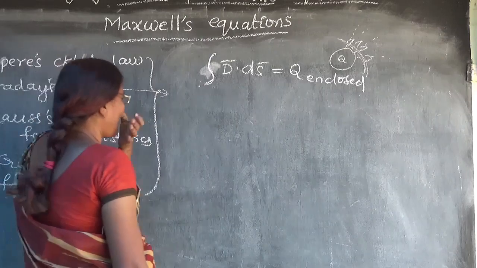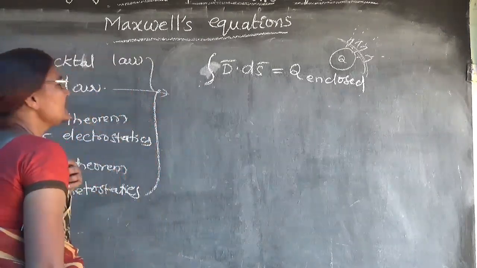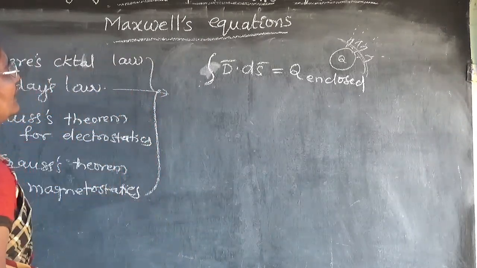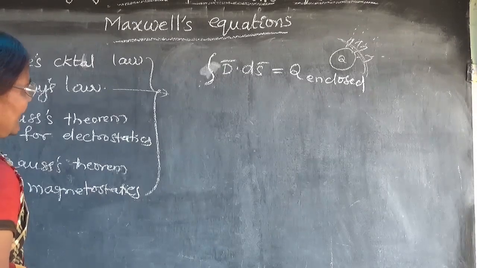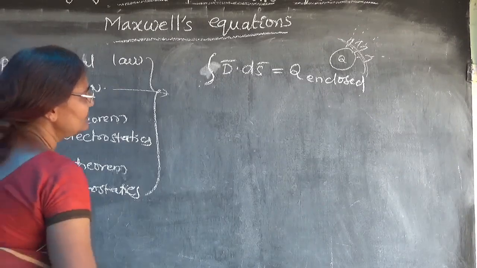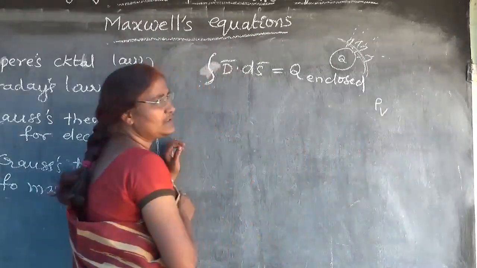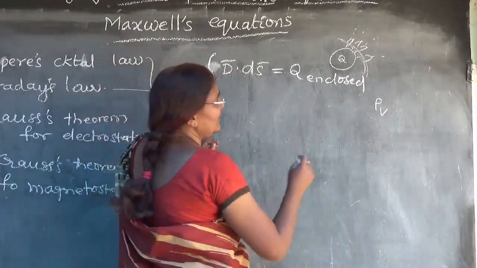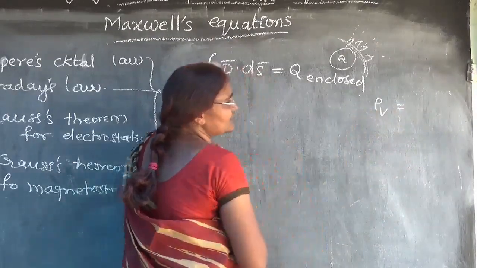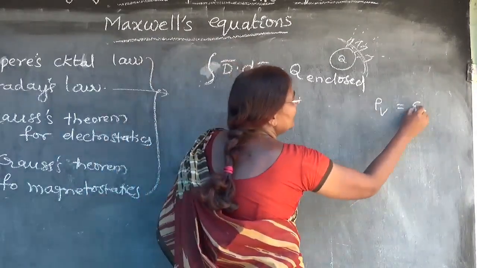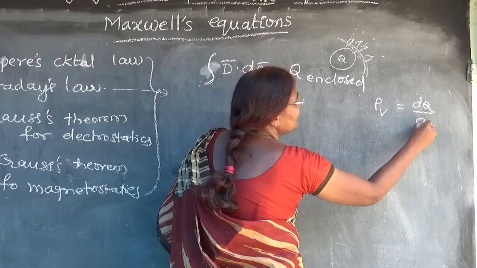Now, what is Q enclosed? You know that rho v, the volume charge density, is equal to dq by dv.